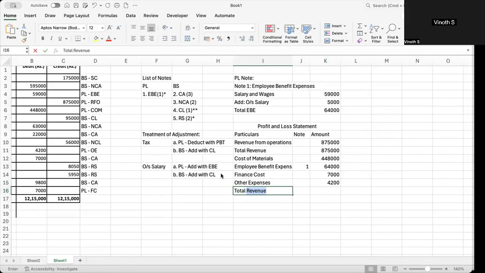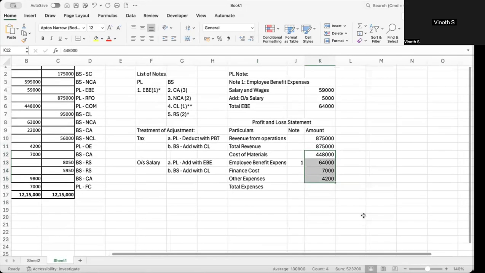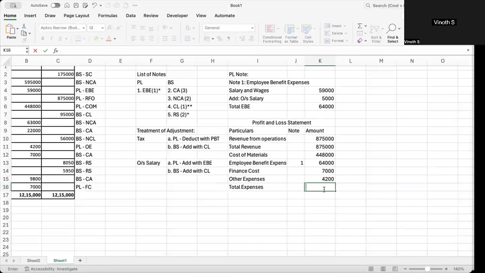Therefore, the total expenditure becomes 5,23,200.